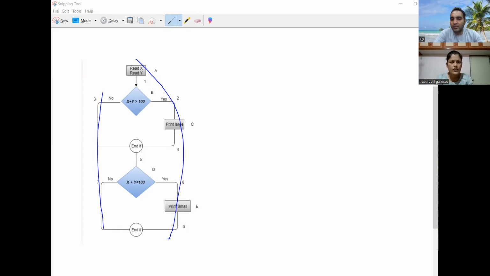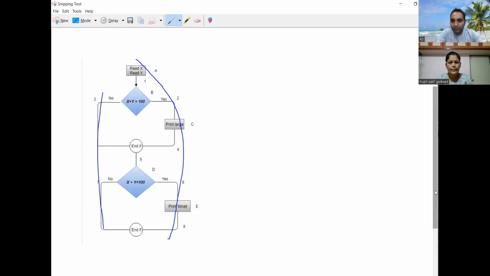And 3 and 7 are not covered because they are on the negative side, where X plus Y is less than 100. If we take the no decision, then the path would be A1, B3, 5, and D7. So by traversing these two paths, basically this one, let me show you over here.